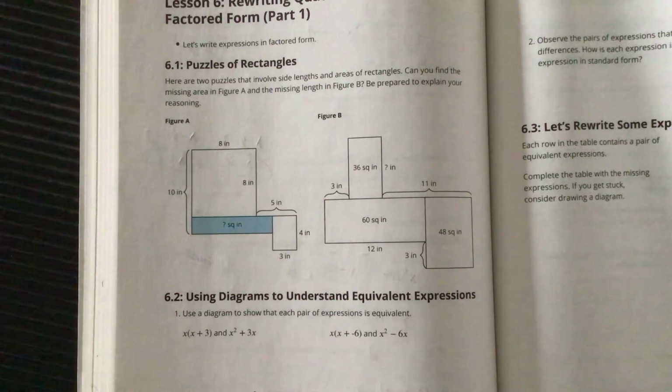I'll give you a minute or so to see if you can decipher what's missing there. So the first one, you're looking for the area of the blue part. Second one, you're looking for the missing length where the question mark is on the top right there. And there are different ways to go about it. Just see if you can problem solve that.